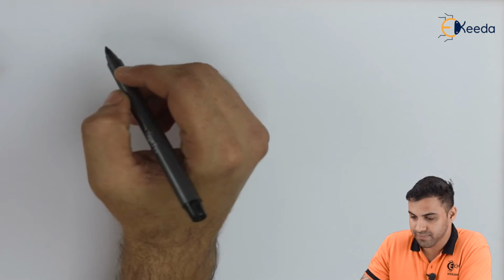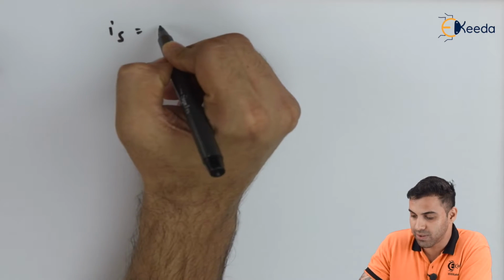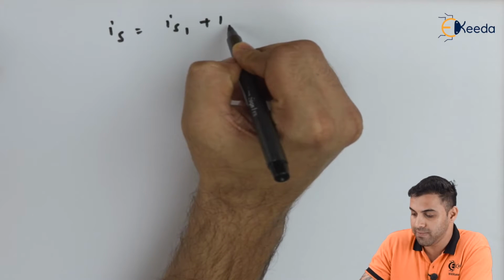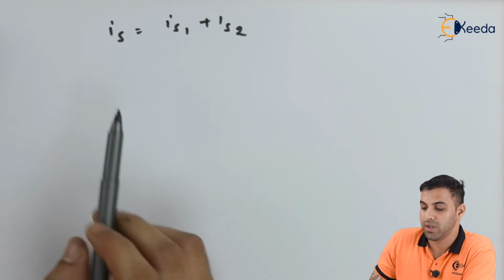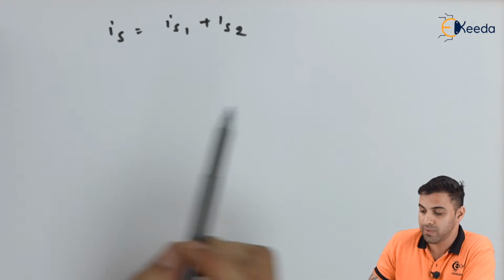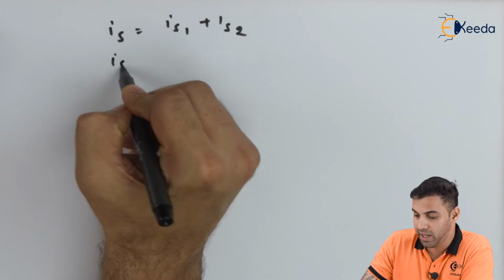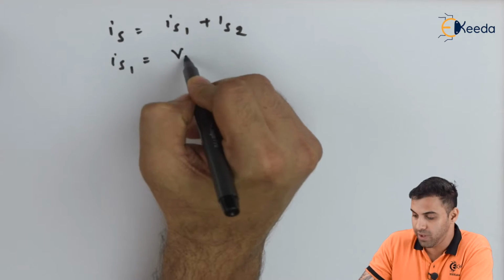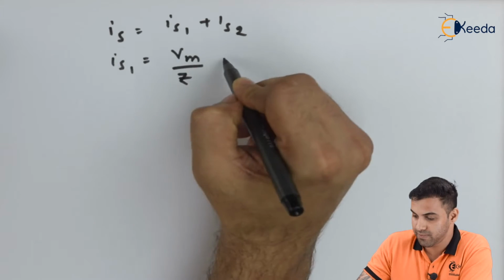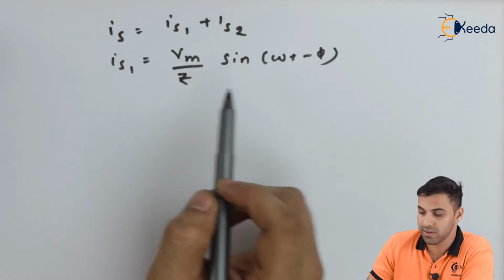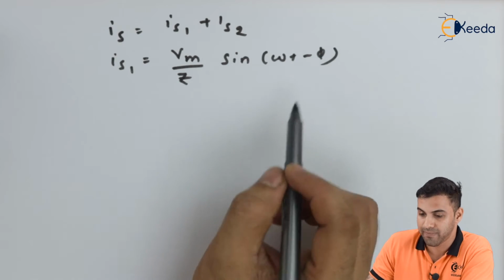So friends, as we all know, Is is equal to Is1 plus Is2. The entire source current will be equal to the steady state 1 current plus steady state 2 current. So Is1 is equal to Vm by Z sine omega t minus phi, where Z is the impedance.